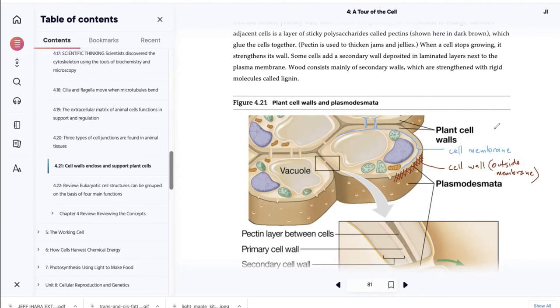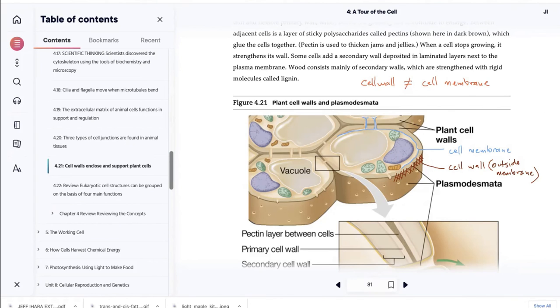It's actually a big mistake that students make all the time, which is to think that the cell wall is somehow the same as the cell membrane. No, it's not.